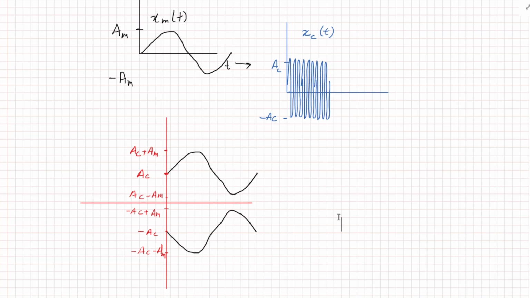So here, for our understanding, we have marked the boundaries of amplitude of this AM signal.